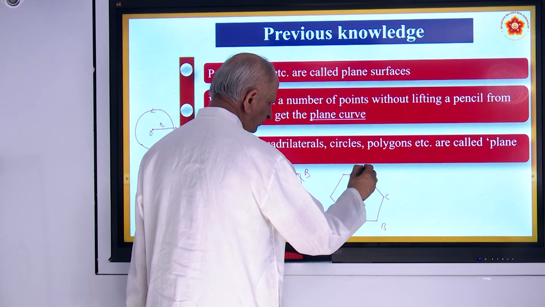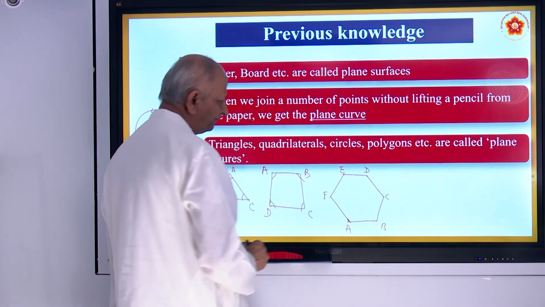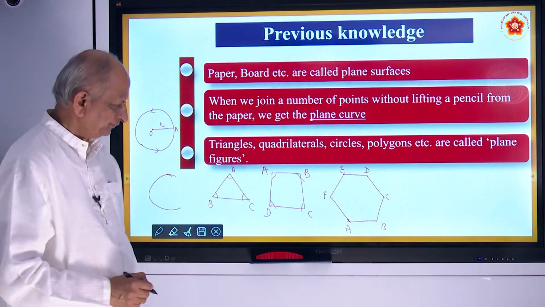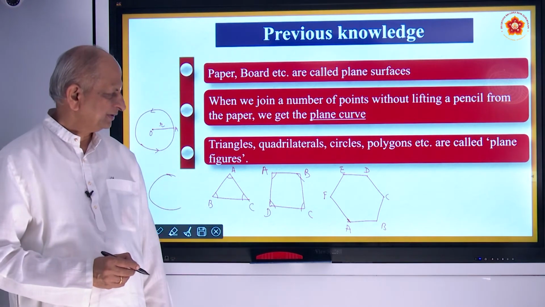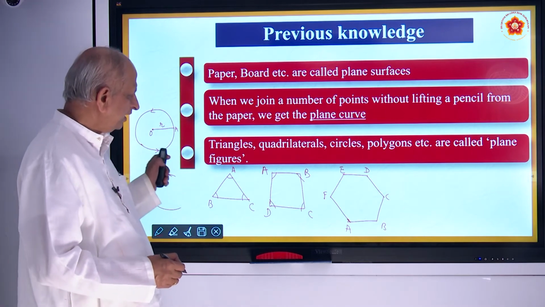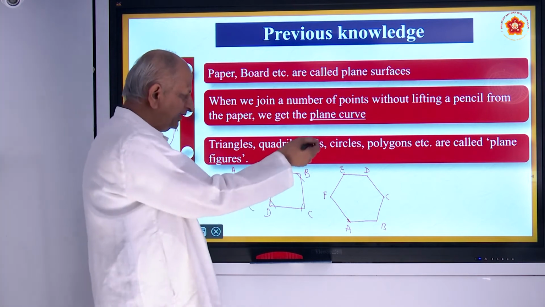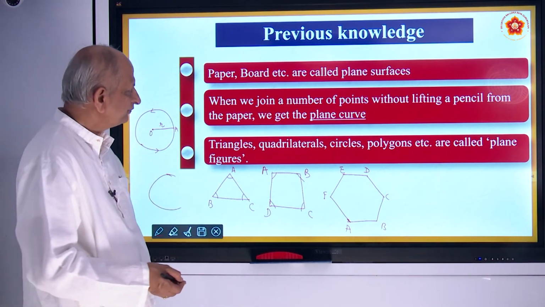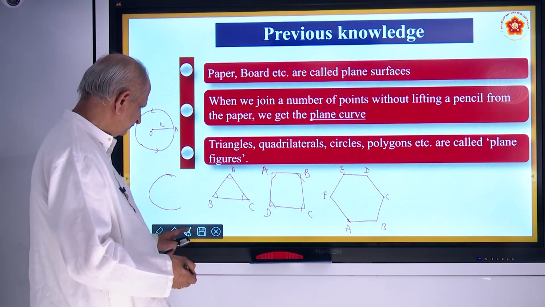A, B, C, D, E, F. Hexagon is an example of a polygon. Here there are 6 sides, 6 vertices, 6 angles. So these are called plane figures. When you say polygons, it has different types. We will show that a little later. So this is what we already studied in the previous class.